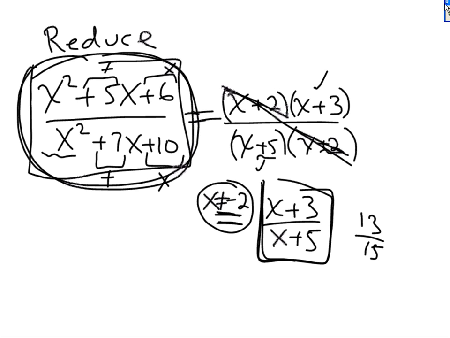And 10 is not negative 2. So if I ask what the top original equation equals when x is 10, you have every right to plug 10 into this, because they're equal.